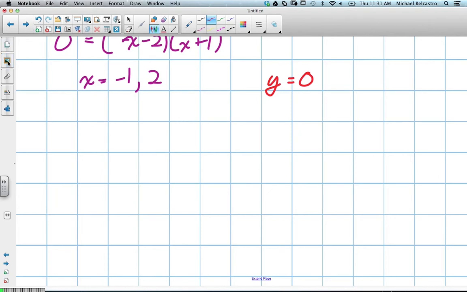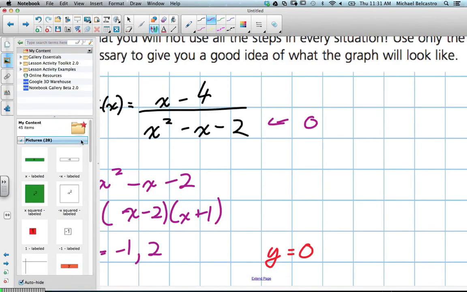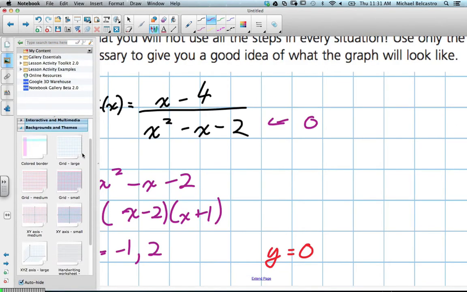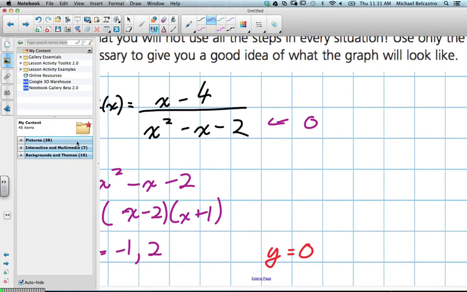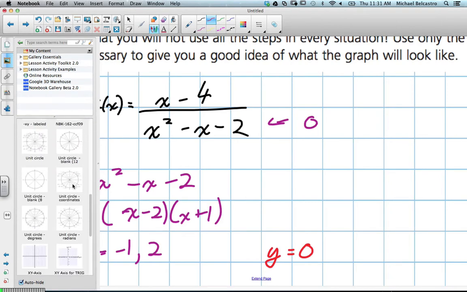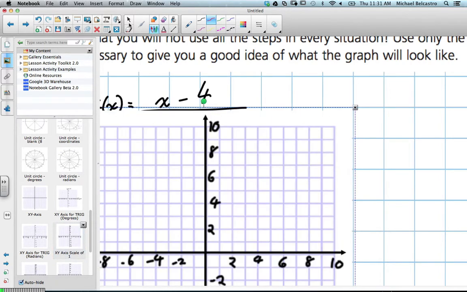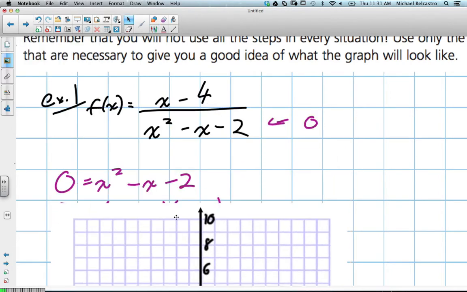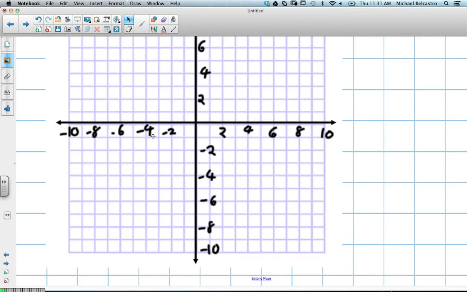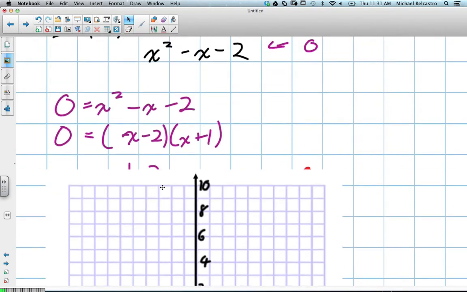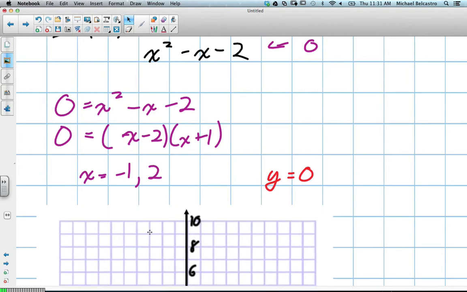We're going to plot them on a graph, and we'll try to do this one step at a time. We'll get each piece of information, and we'll plot it as soon as we get it. Oh, wrong one, sorry. Let me get a graph out here. So let's take this graph. Okay. So we have our graph here, and we discovered that our vertical asymptotes are at -1 and 2.